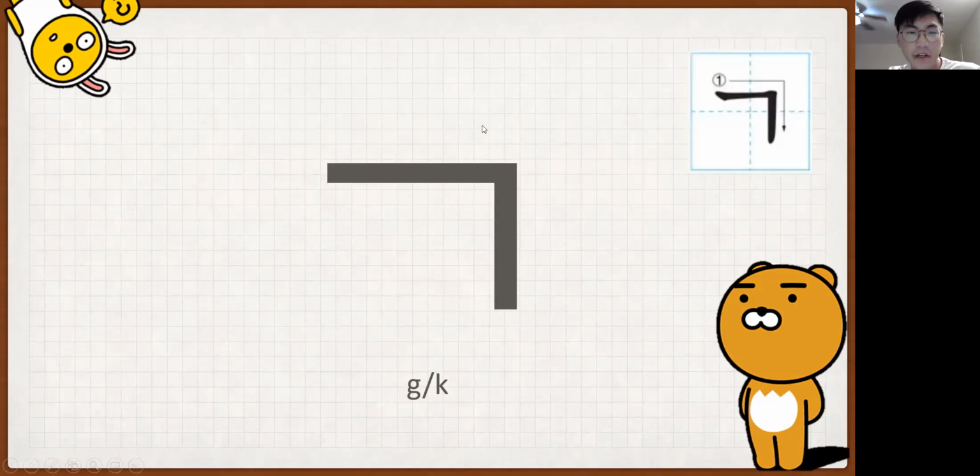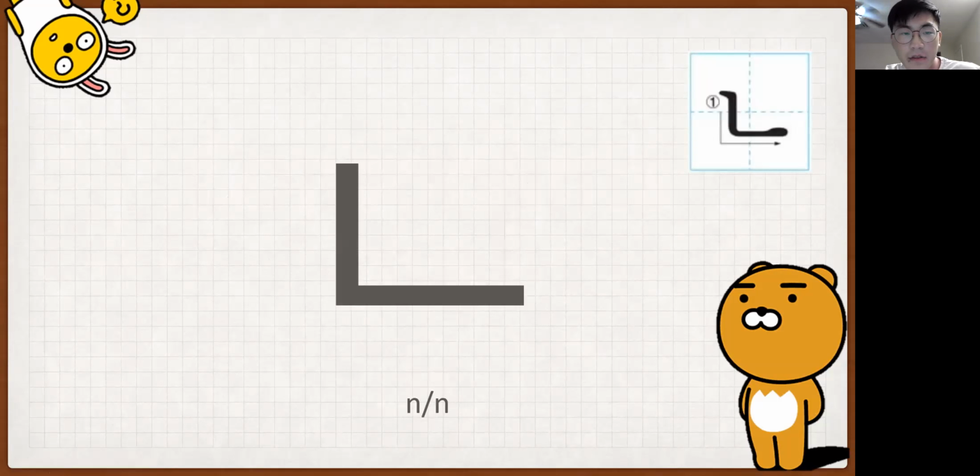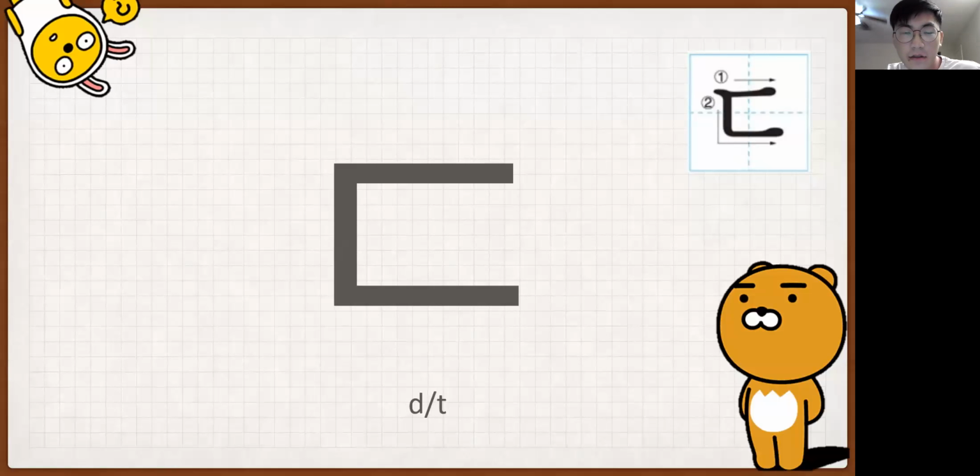So this first letter of the consonant is 기억. And the second letter is 니은. And this is 디귿.